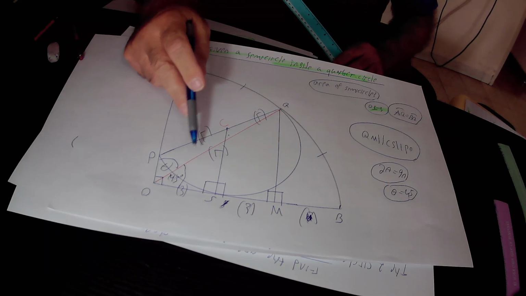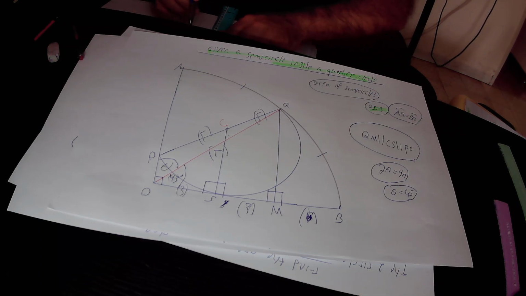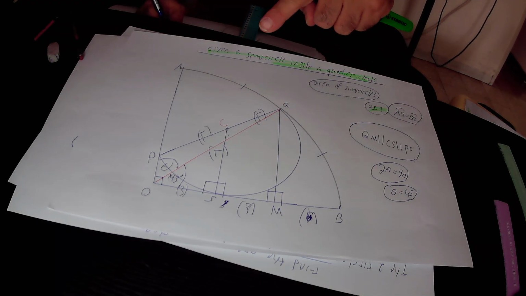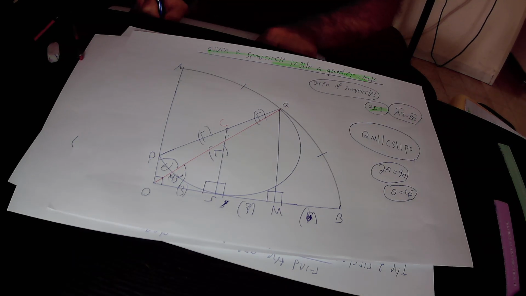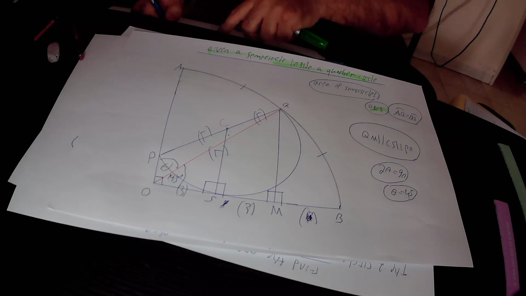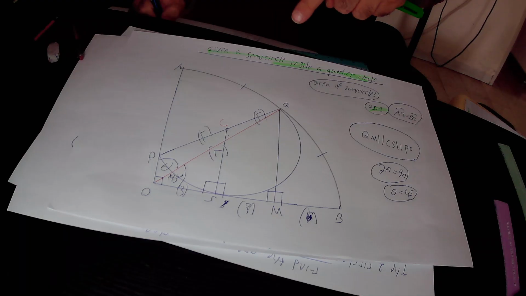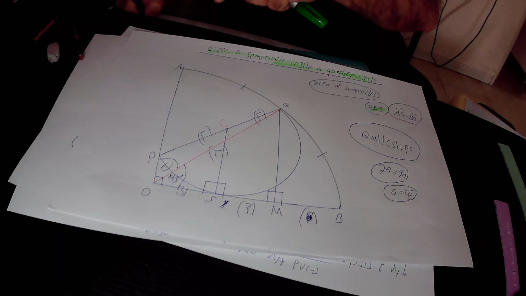Again, tangent 45 degrees equals QM over MO, in the right triangle OQM.